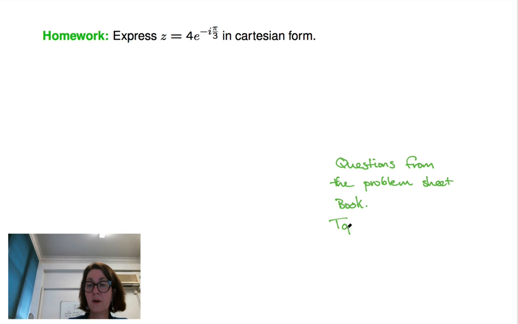We're working on topic 3, and you could do down to the end of question 14 out of that book pretty well now, I think. Have a go at some of the examples so that you get a good feel for what's going on.